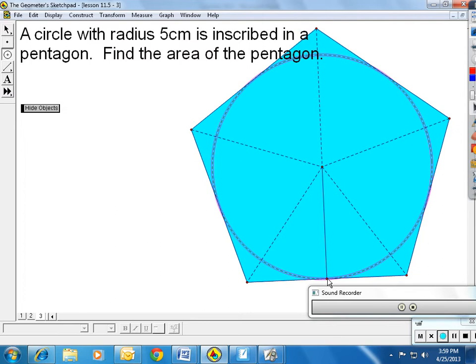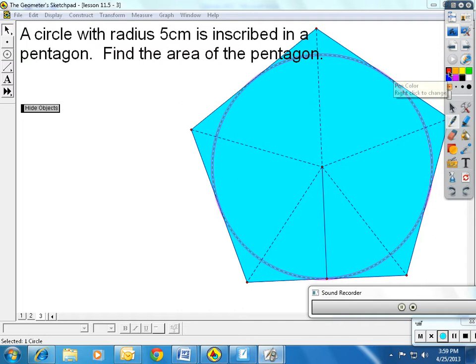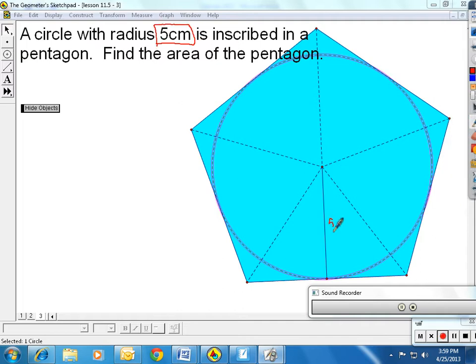It's inscribed. Well, that was just a fancy way to give you one piece of information. You see that? It was just a fancy way to give you the apothem. Notice this apothem then must be 5 centimeters because that is the radius of that circle.